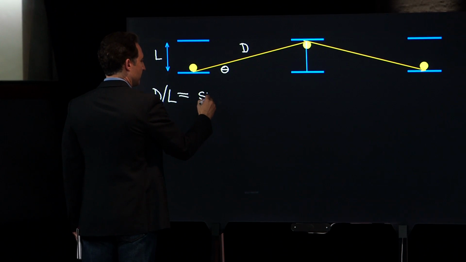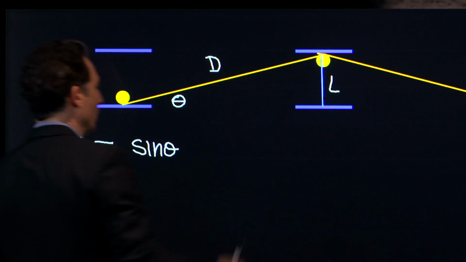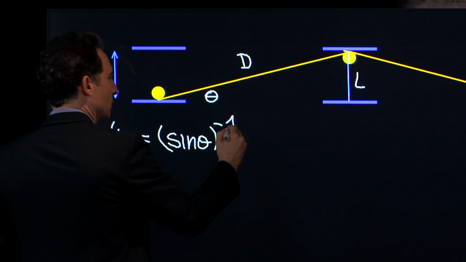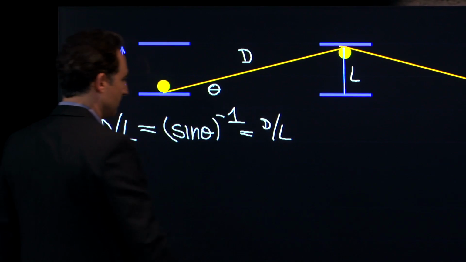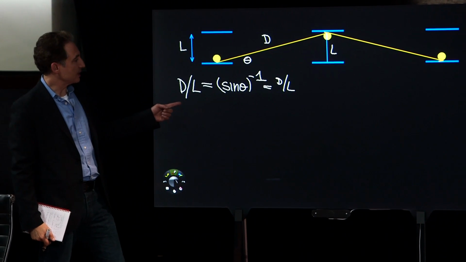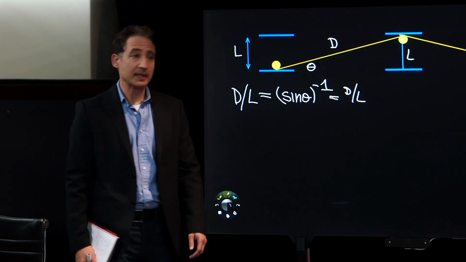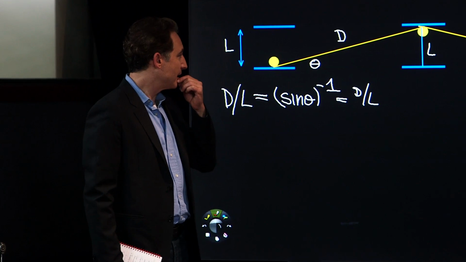Because sine of theta is given by L over d. So that means sine theta to the minus 1 will be equal to d over L, as we wanted. So the calculation of d over L comes down to calculating sine theta and flipping it upside down. So how do we calculate the sine of that angle?